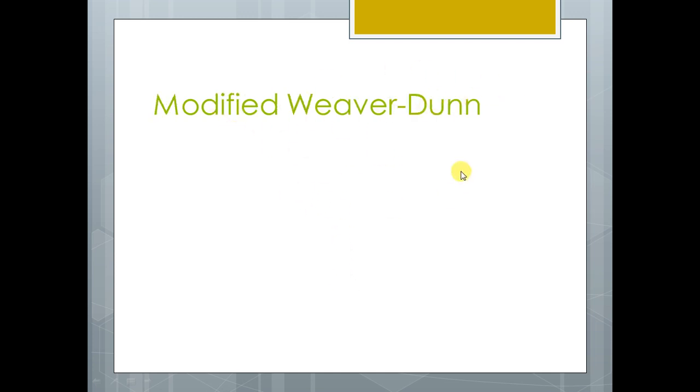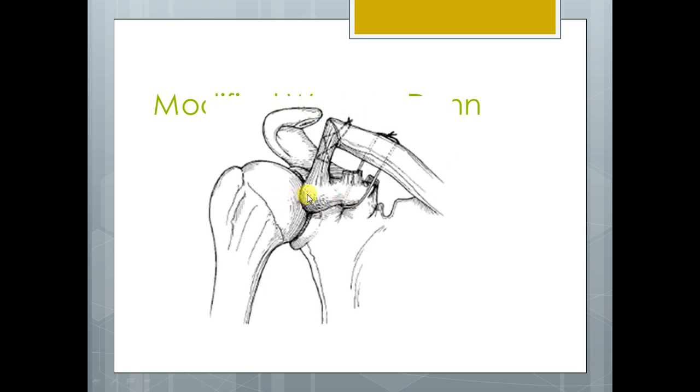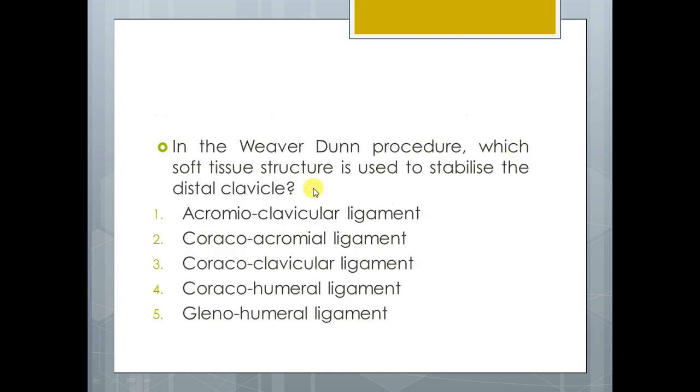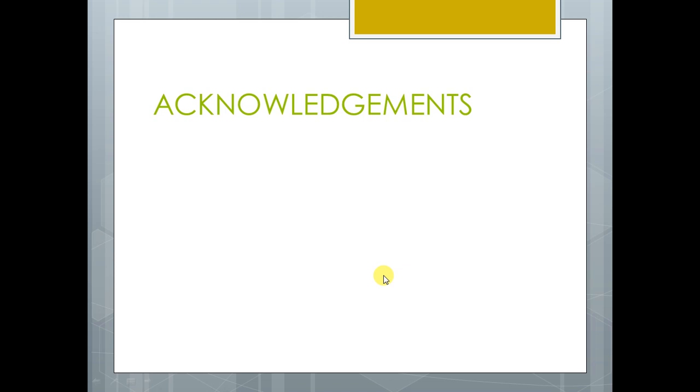Also historical for acute cases: the CA ligament, the coracoacromial ligament, is detached from the acromial side, and after resection of the lateral 1 centimeter of the clavicle, it is reattached to compensate for the CC ligament. Now it is obsolete. Please answer this question and inform me about the answer.